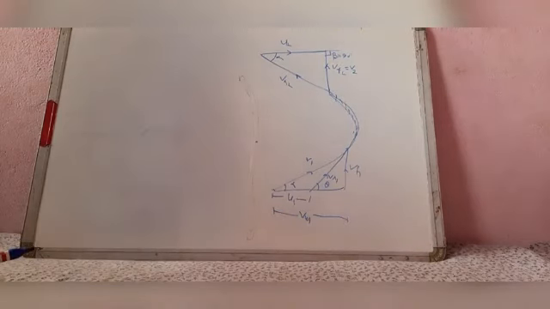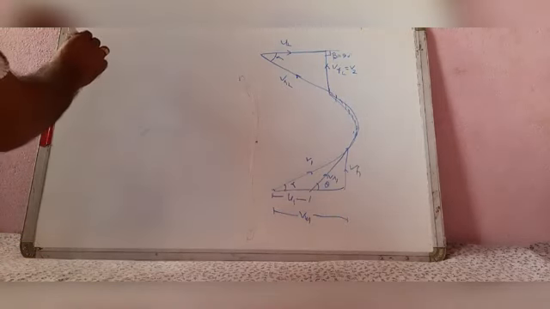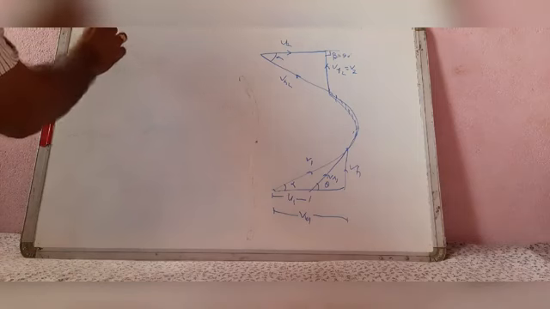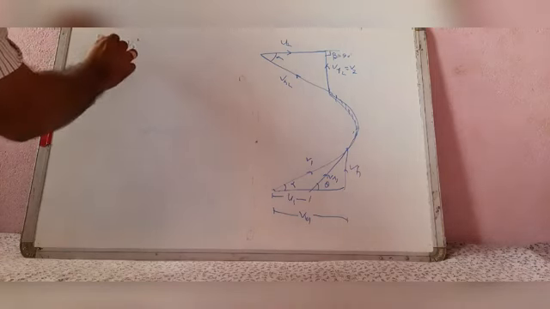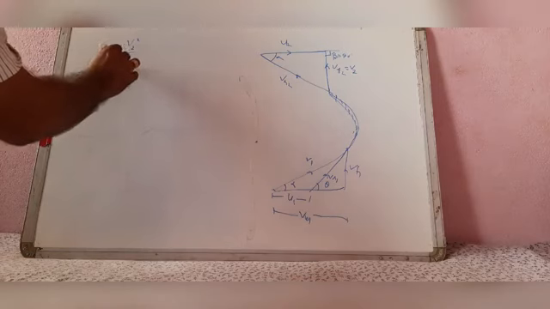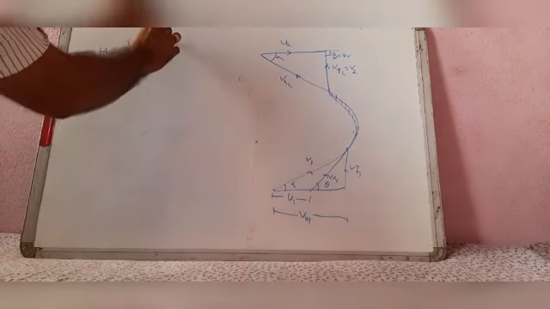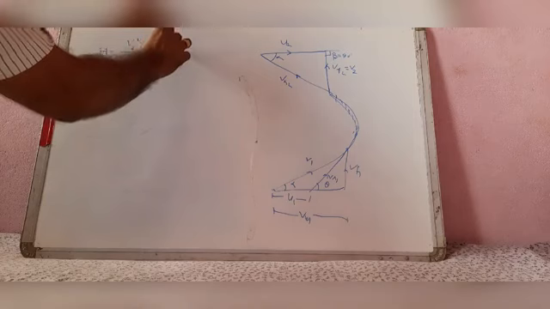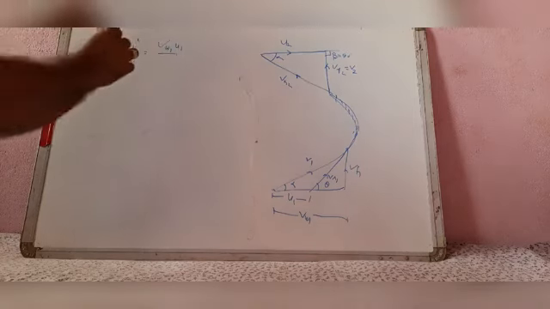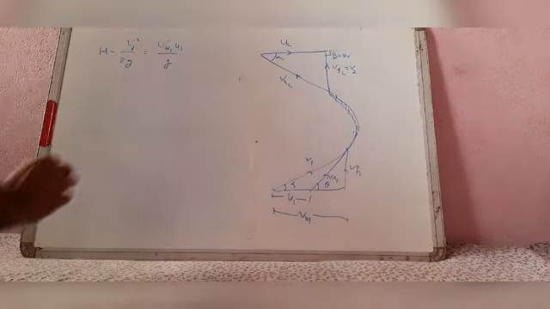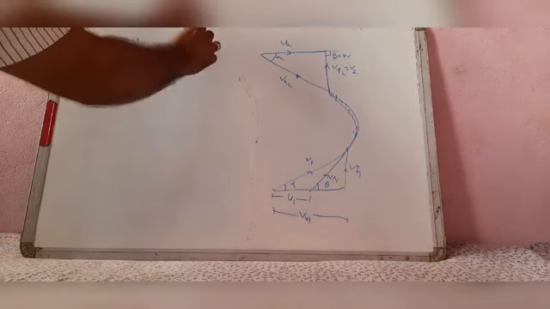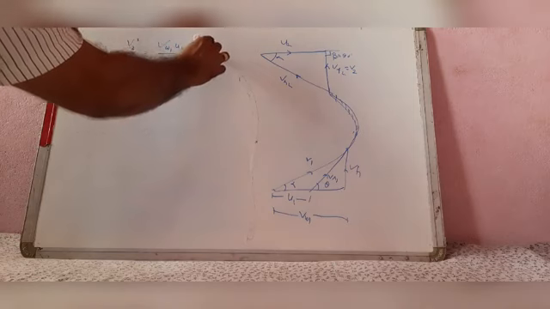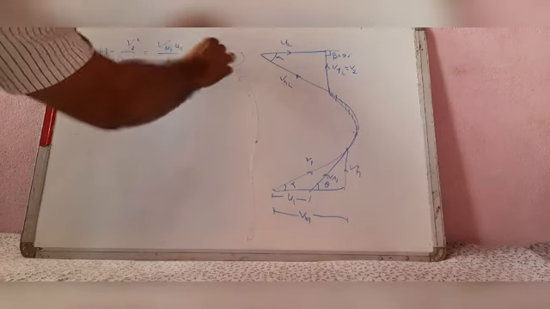Now, using the relation H minus V2 square by 2g equal to VW1 U1 by g, because VW2 equal to 0, radial.